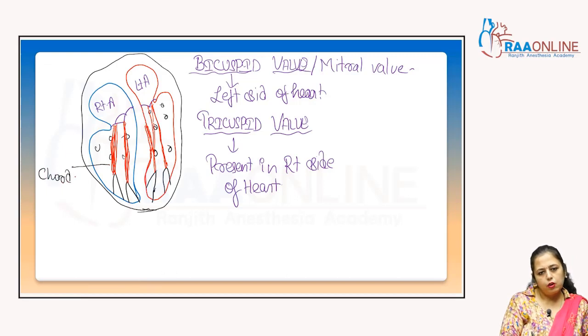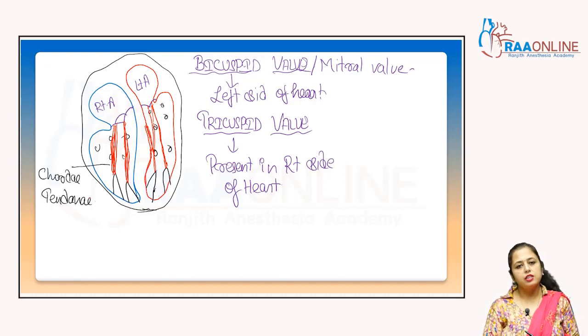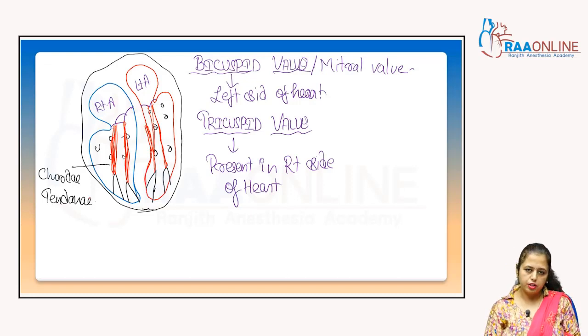These are called the chorda tendineae. Actually, what is the function of the chorda tendineae? They prevent the bicuspid and tricuspid valves from collapsing back into the atria at the time of powerful ventricular contraction, right?